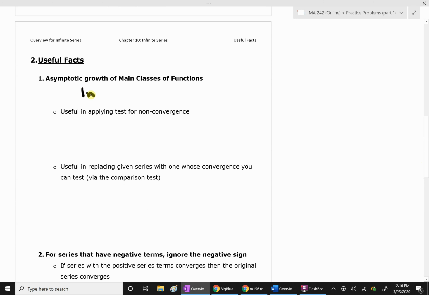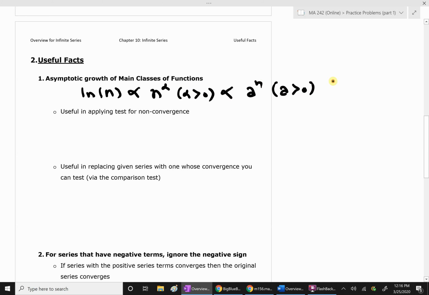It's important to understand that ln n grows asymptotically less than n to the alpha for any positive exponent, which is less asymptotically than geometric functions, where our base is a positive number, which is asymptotically less than the factorial, which we recall is 1 times 2 ... on up to n.